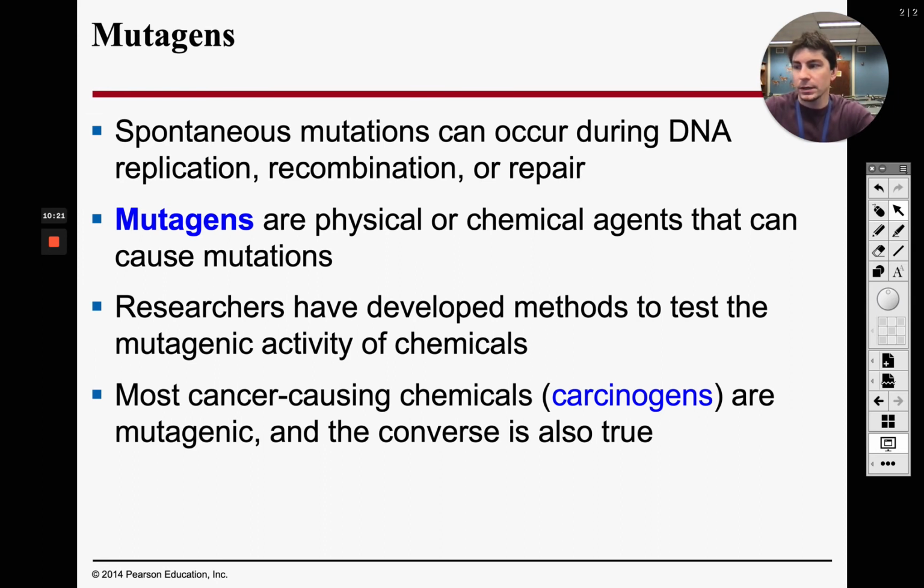Okay, so how do mutations occur? A lot of different ways. Sometimes just, hey, stuff happens, right? Sometimes our DNA doesn't replicate properly. Maybe at one of our checkpoints, the proteins that regulate those checkpoints, whether it's during G2, after the DNA has been replicated, maybe that one's not functioning properly.